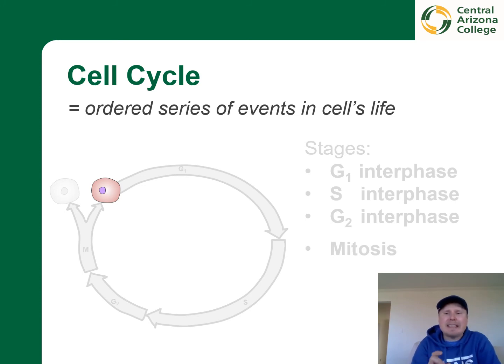A cell cycle is a term that we use to describe the entire lifetime of a single cell, from when it first comes into existence to when it dies. And this cell cycle always contains various events which are regulated to take place in order and to be successfully completed before the cell can continue in its development to the next stage.